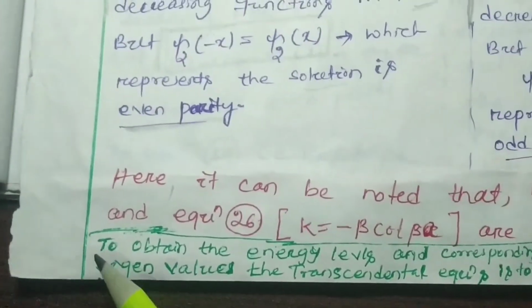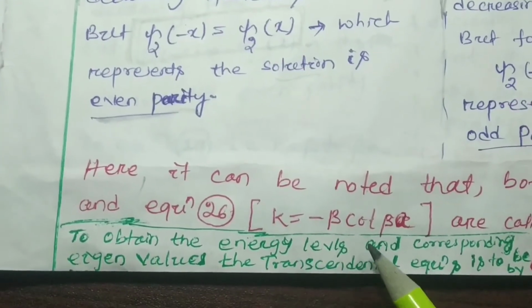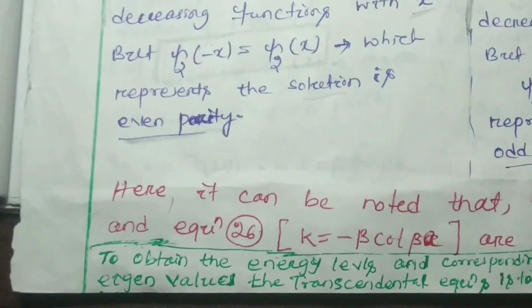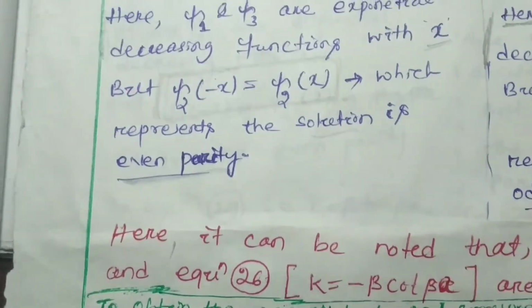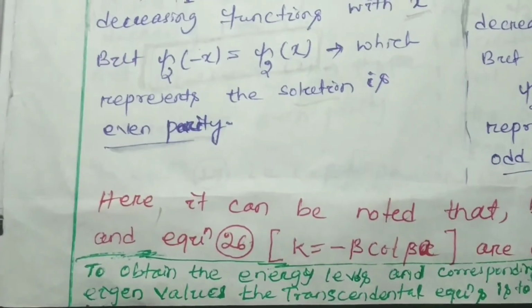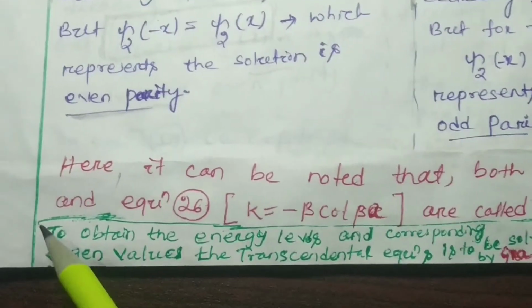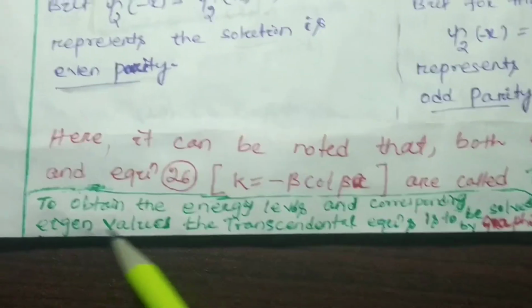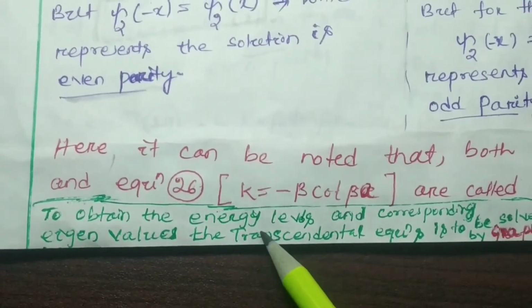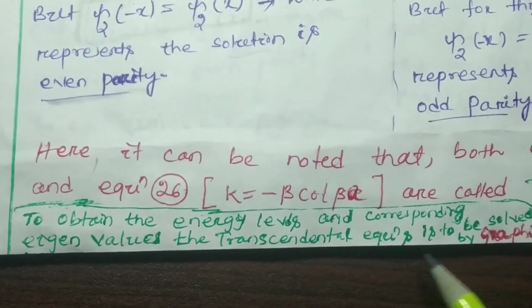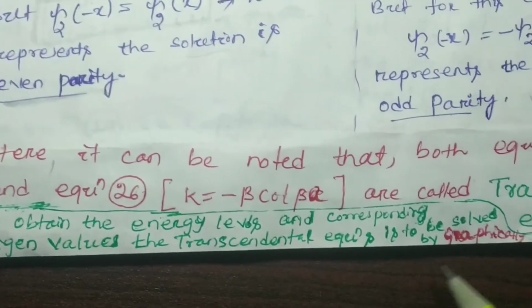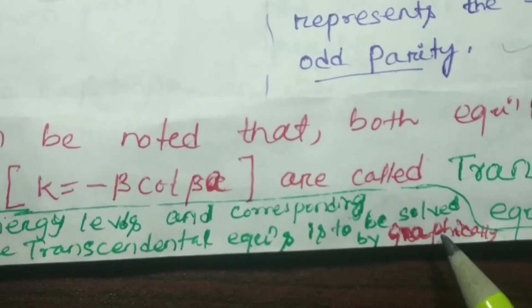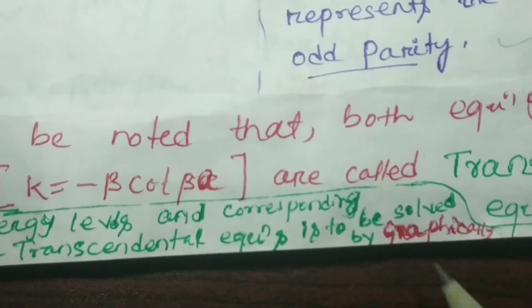Then you have to write: to obtain the energy levels and corresponding eigenvalues, the transcendental equations are to be solved graphically.